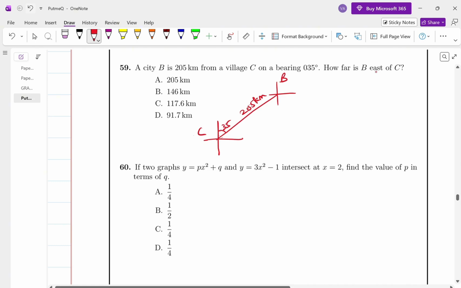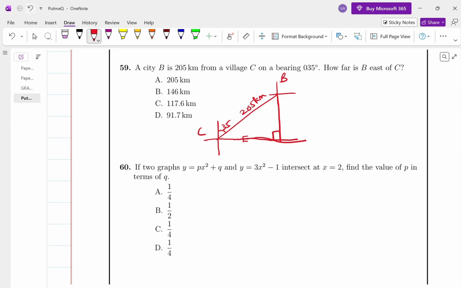Let's see, east of C. First of all, this is east. So we're basically taking this direction. East of this and then this. So we're forming a triangle that looks like this.